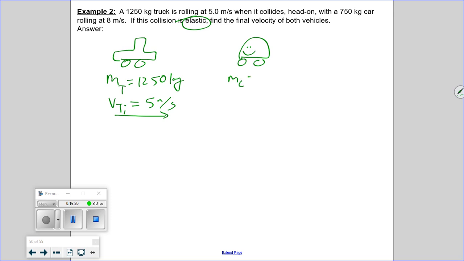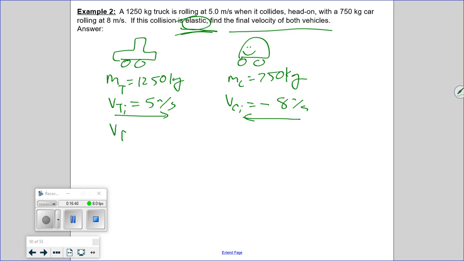The mass of the car is 750 kilograms. The velocity of the car initially is negative 8 meters a second. This time, it says find the final velocity of both vehicles. Notice they don't stick together, because it's elastic, so they're going to have different final velocities. I have to find the velocity of the truck final and the velocity of the car final. Like I said, this is going to be a system of equations.